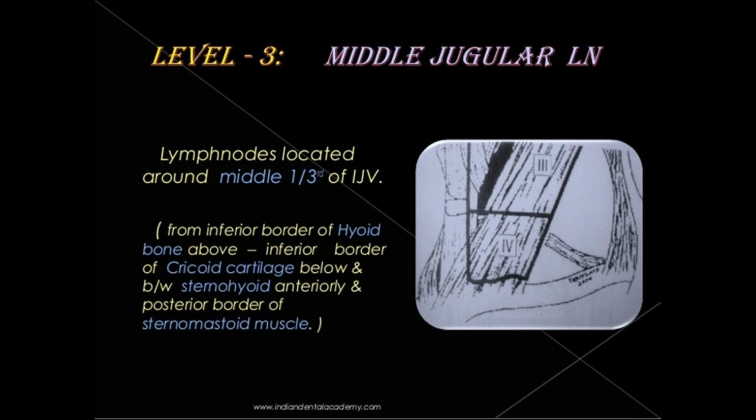These are the boundaries of the level 3 lymph nodes. That is, above is the inferior border of the hyoid, below is the cricoid cartilage, anteriorly the sternohyoid and posteriorly the posterior border of the sternomastoid muscle.